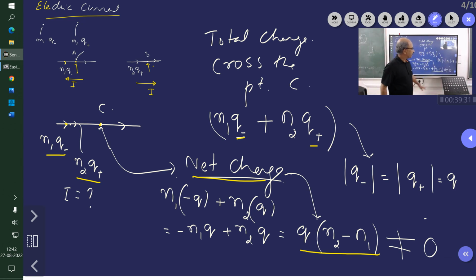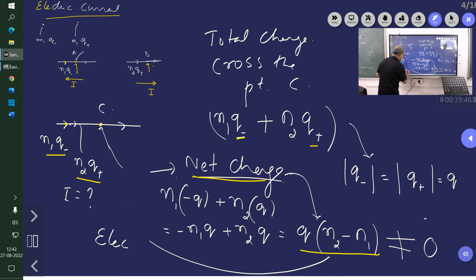If this net charge is not equal to 0, then we say there is electric current flowing. If N2 is equal to N1, no electric current is flowing. But if N2 is not equal to N1, then electric current is flowing. Is that clear?